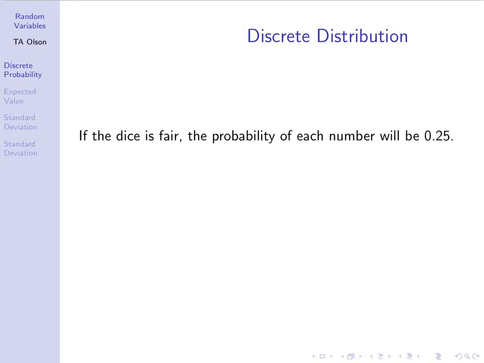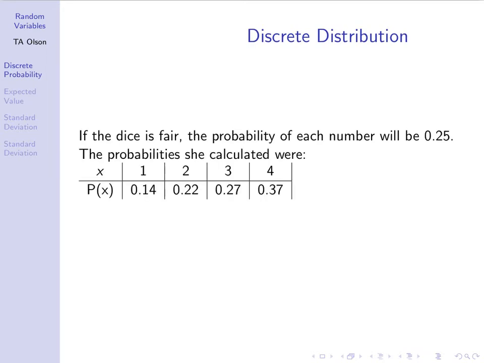She knows that if this four-sided die is fair, then each of the four sides have the same probability of coming up, right? So they'll each show up about 25% of the time, so a probability of 0.25. The test that she did over the weekend showed that the probabilities that she noticed were as follows.